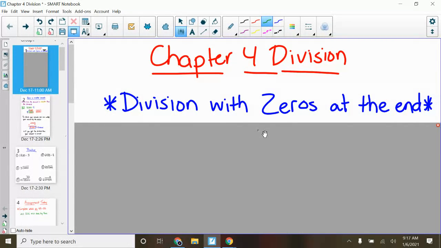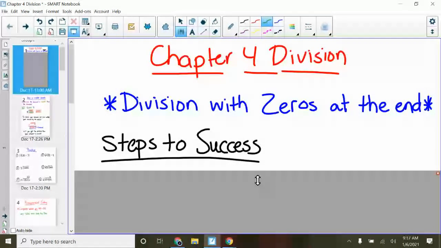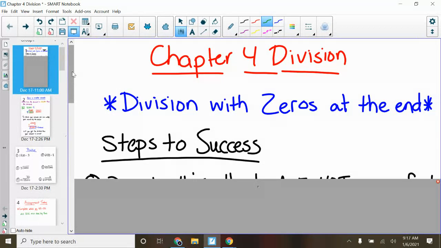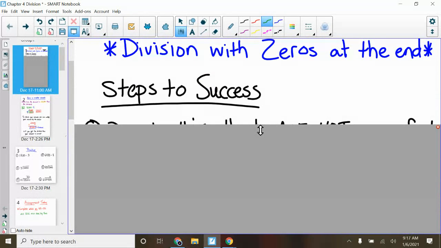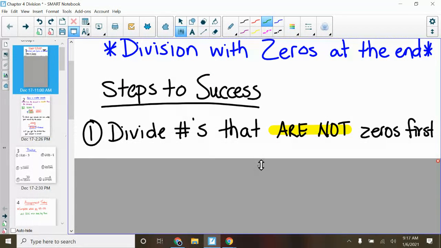All right, so the next thing that we're moving into is, as you all know, I always give you steps to success, kind of a recipe to walk through what it is that you do to become successful with this particular skill. So there's only 2 of them. The first step when you're dividing with zeros at the end is: step number 1, you're going to divide the numbers that are not zeros first.